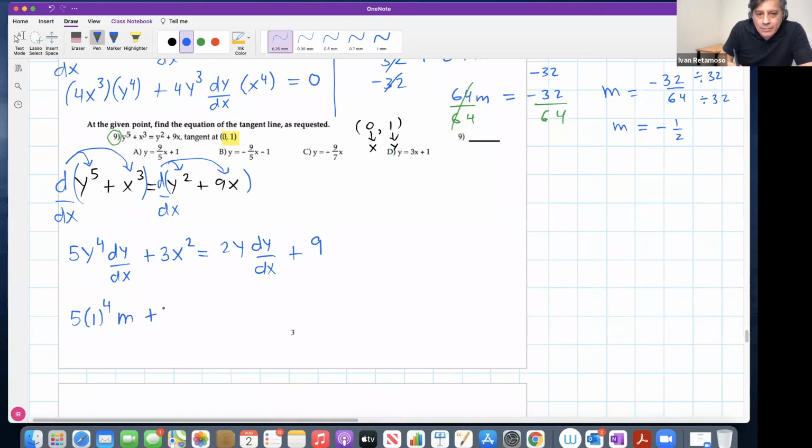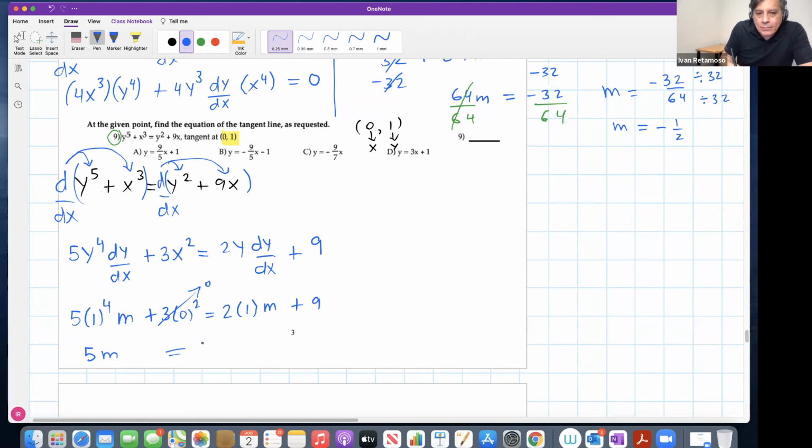The slope that I'm looking for. 3 times x, which is 0, 0 squared. 2 times y, which is 1, multiplied by dy/dx, the derivative, the slope of the tangent line, let's call it m, plus 9. 1 raised to the 4th power is just 1, times 5, 5. 5 times m, plus 0 squared is 0, times 3, 0, right? The whole thing 0.